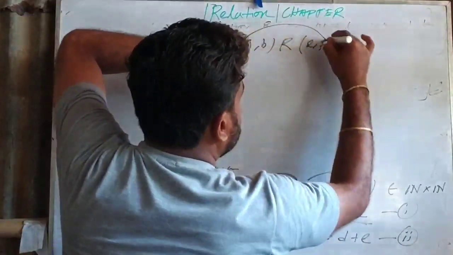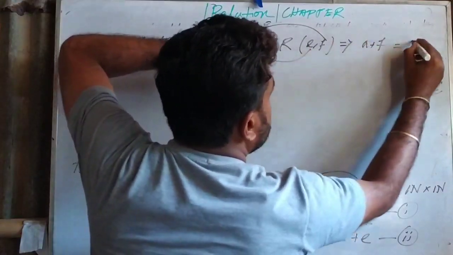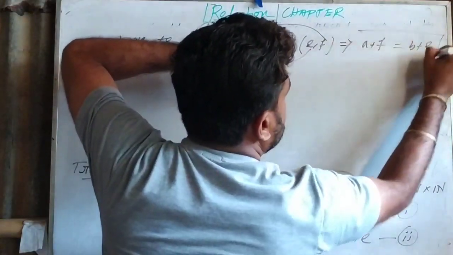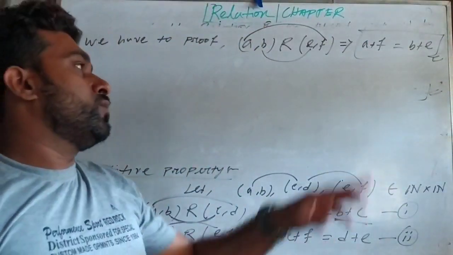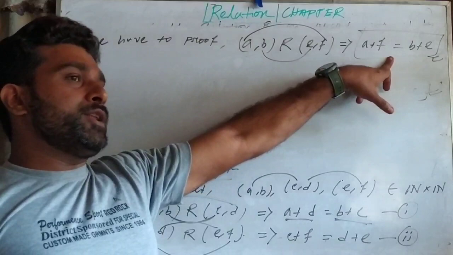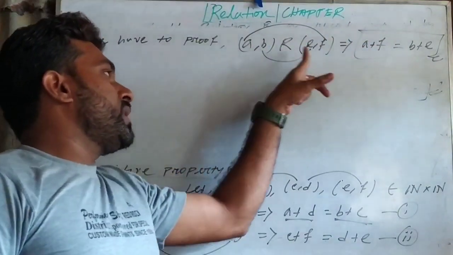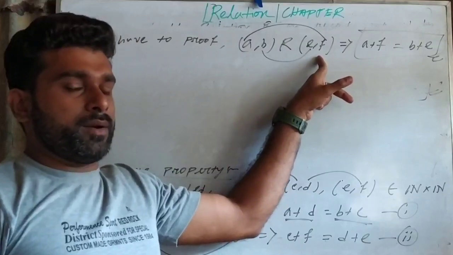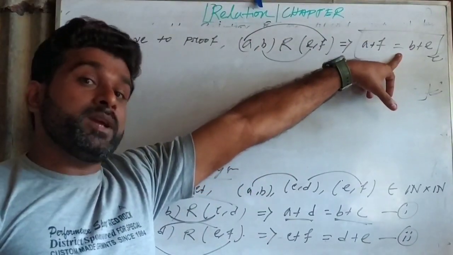Just this first and last, A plus F equals B plus E. So if this condition is satisfied, then the new friendship relation can be constructed between this A comma B order pair and E comma F order pair. Okay. So for that, this relation needs to be shown first.